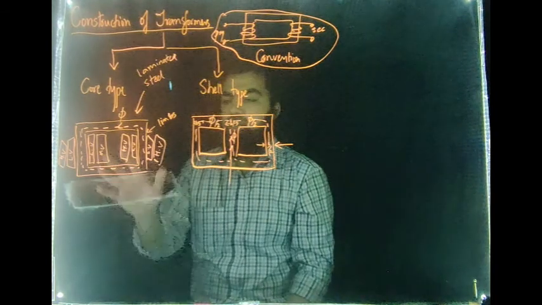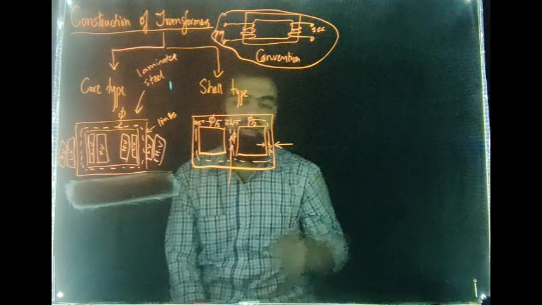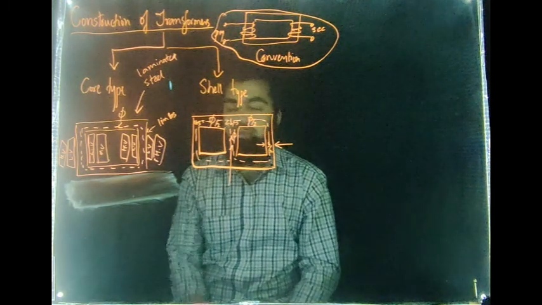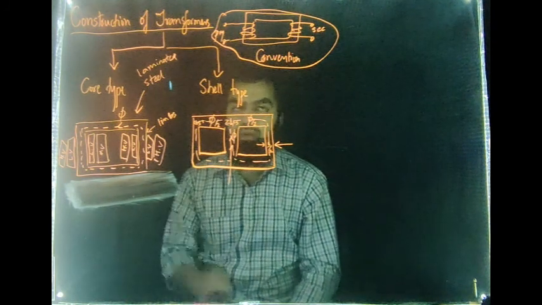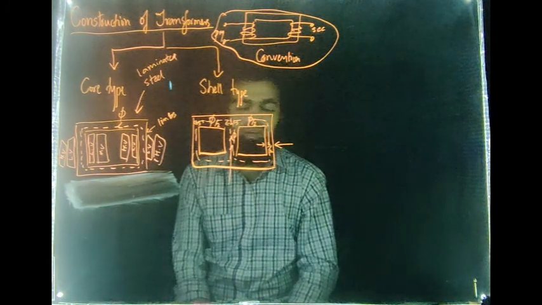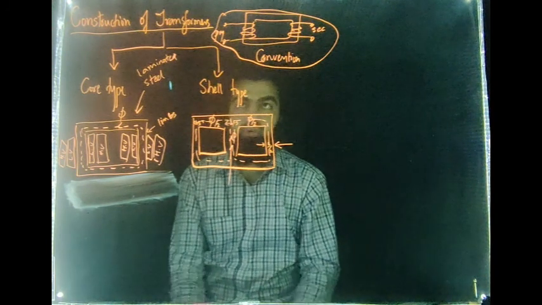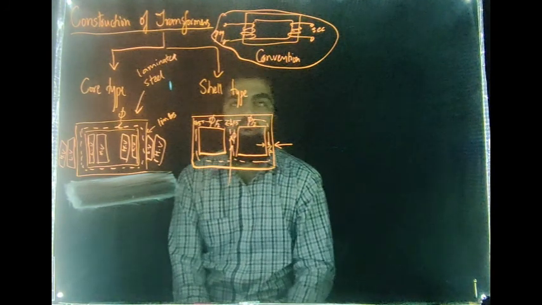Now, why do we prefer this combination, where LV winding is the low voltage winding and HV winding is the high voltage winding? I'm not here referring to the primary winding and the secondary winding, because a transformer can be a step up transformer or a step down transformer. So the primary winding can have higher voltage or lower voltage.